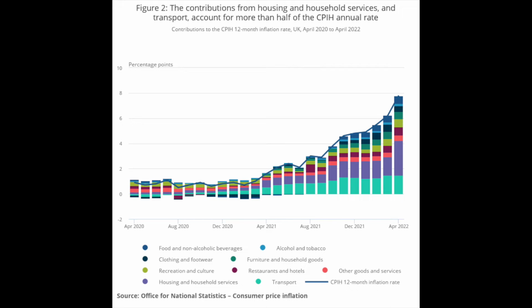The other colour to take note of is that turquoise colour, which is transport. This is made up quite largely of motor fuels, or petrol and diesel. You can see towards the left, the start of this small graph, that there's actually a downward inflationary pressure, there's deflation in oil prices or transport costs at the start of this series, which corresponds to the start of the pandemic.